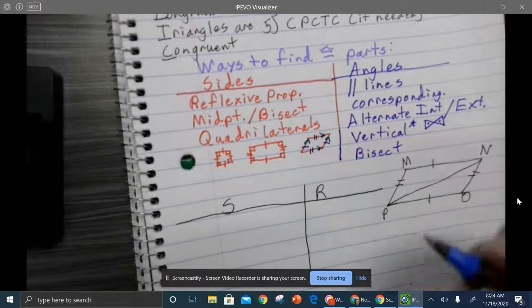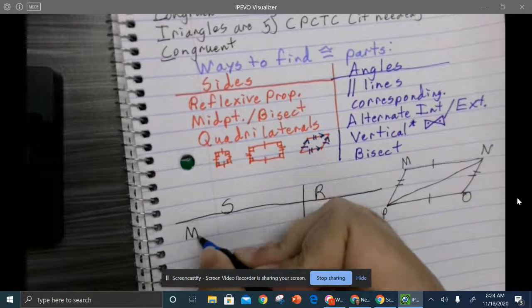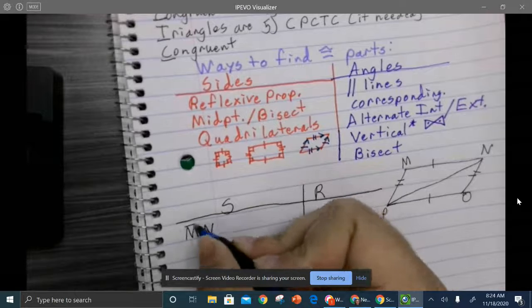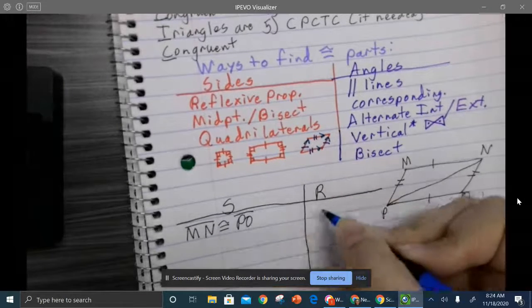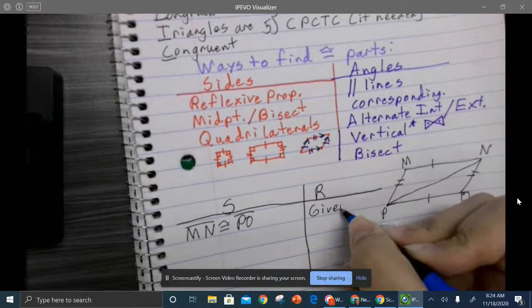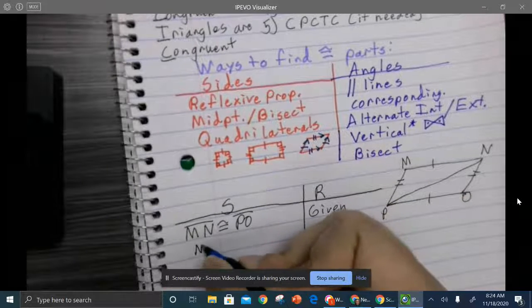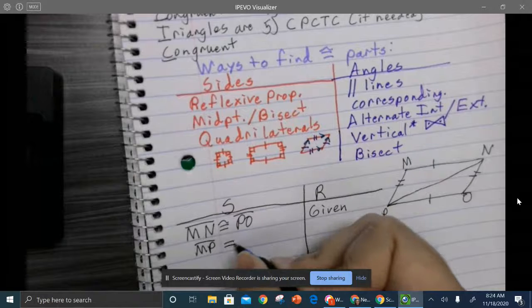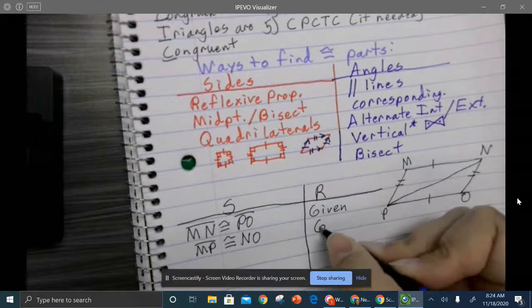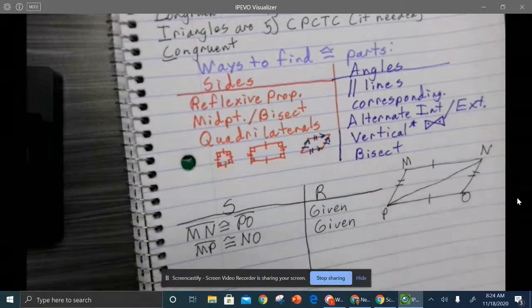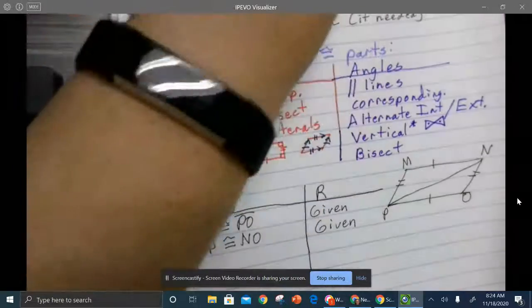We are given that MN is congruent to side PO. We are given that MP is congruent to side NO. That is given. I'm going to mark it on the diagram.